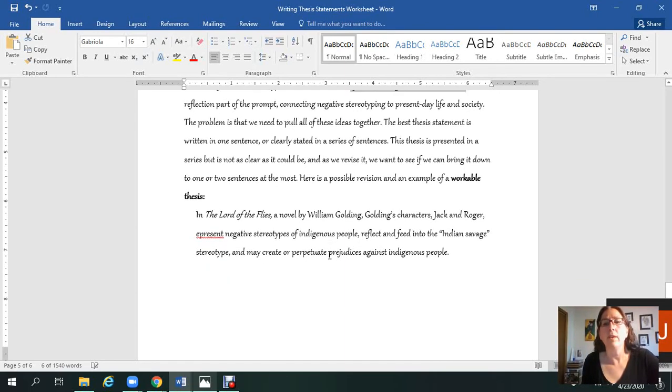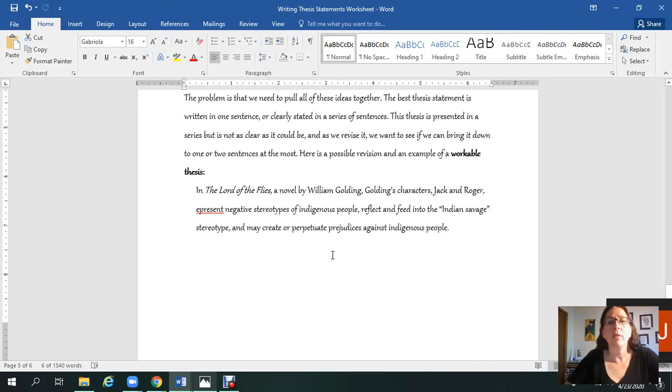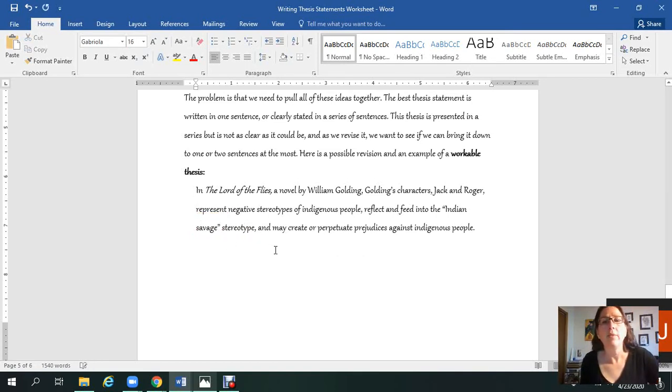Here's a possible revision, an example of a workable thesis. In The Lord of the Flies, a novel by William Golding, Golding's characters, Jack and Roger, 1. represent negative stereotypes of indigenous people, 2. reflect and feed into the Indian savage stereotype, and 3. may create or perpetuate prejudice against Indigenous people.